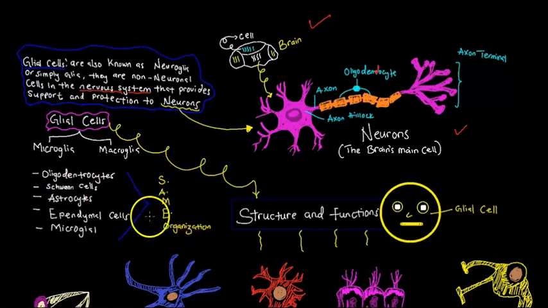Those are the mnemonics which I use in order for me to easily memorize those cells. We said the first one is the Schwann cells, astrocyte, microglia, ependymal cells, and the last one, which is kind of tough, but let's manage to call it oligodendrocyte.